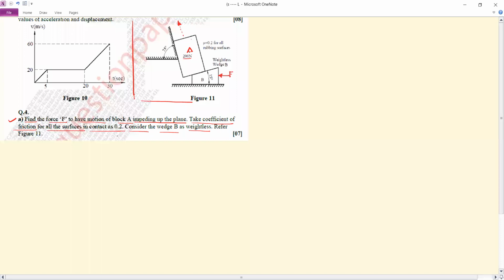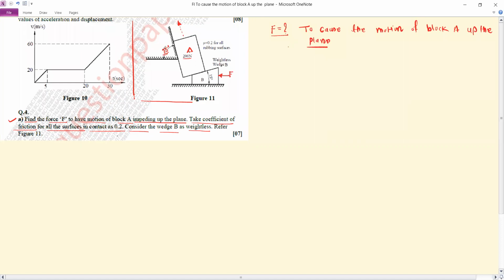This block A is supported by this wall, which is inclined at an angle of 75 degrees. So here we have to find the force F required to cause the motion of block A up the plane. So this is the required motion.